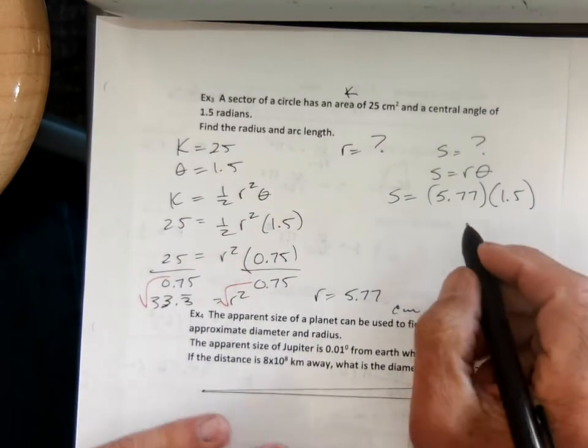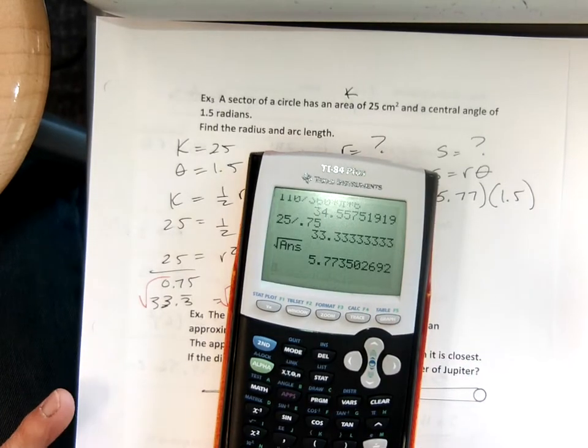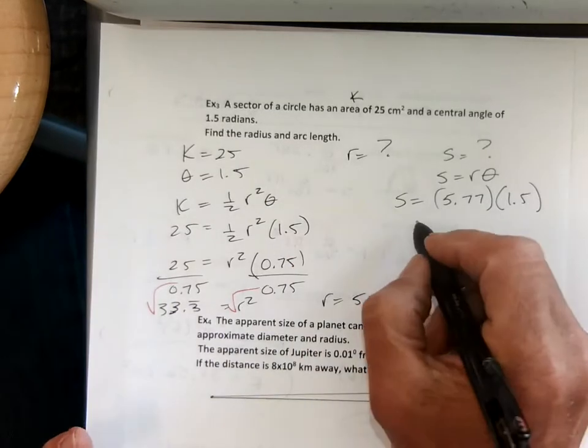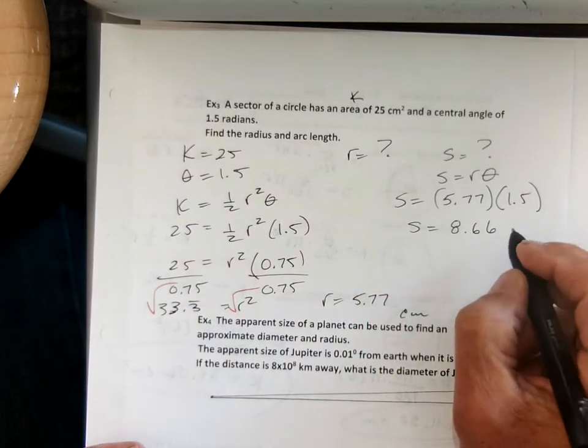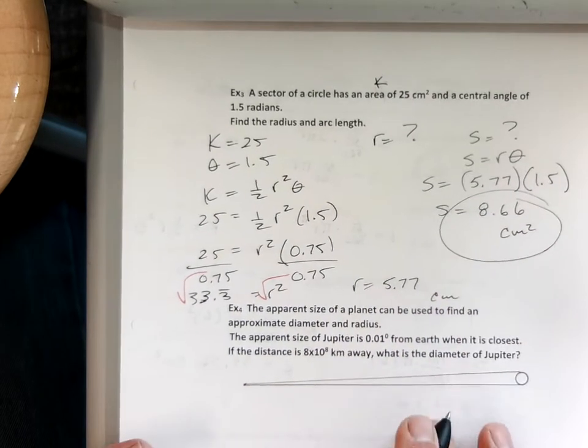And then I'm just going to use my calculator. Multiply that by 1.5. About 8.66. So the arc length is about 8.66, and that's in terms of centimeters, okay? How am I doing? Am I doing okay?